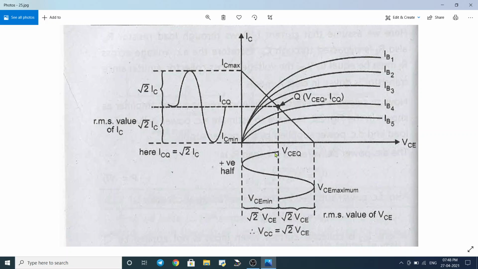For this point we see Q, and VCC is here. The maximum value of VCE is equal to VCC. So VCC can be taken as root 2 VCE plus root 2 VCE, that is 2 root 2 VCE. Actually here this is a printing mistake, it is 2 root 2 VCE.